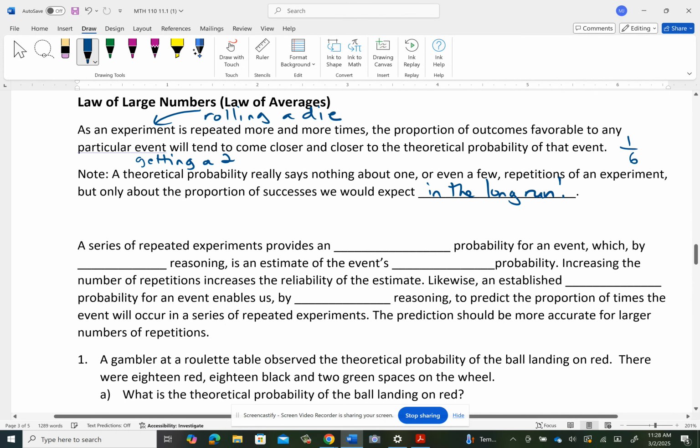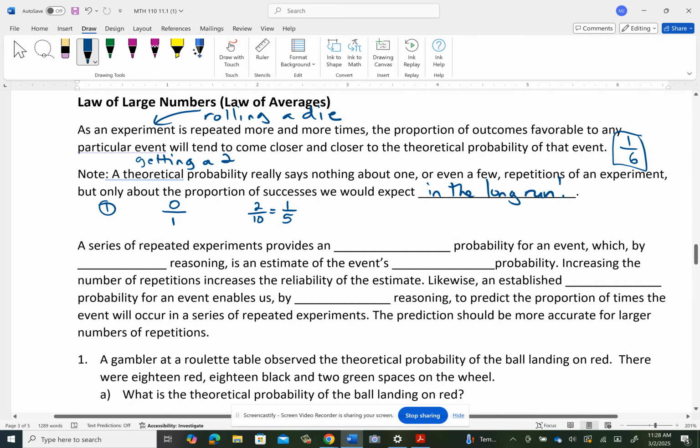Okay, so think about it. If you roll a die, you have a 1 out of 6 chance theoretically of getting a 2, but the first time you roll the die, you might have gotten a 1. So if you only rolled it once, you got a 2 no times out of that one time you rolled it. Now you might roll the die 10 times, and maybe you got a 2 twice in those 10 times. Then the experimental probability would have been 1 out of 5.